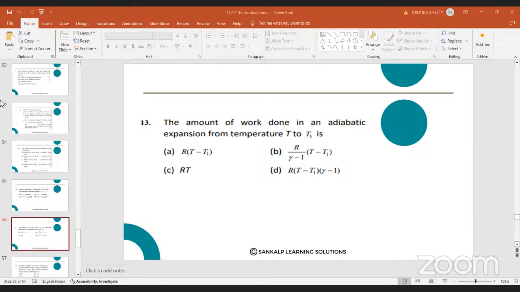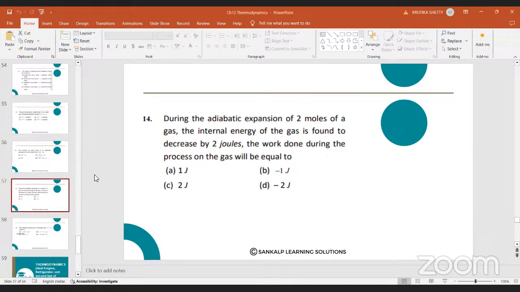What about other students? Yes, option B is the correct answer. That is R divided by gamma minus 1 into bracket T minus T1. So, the next question.